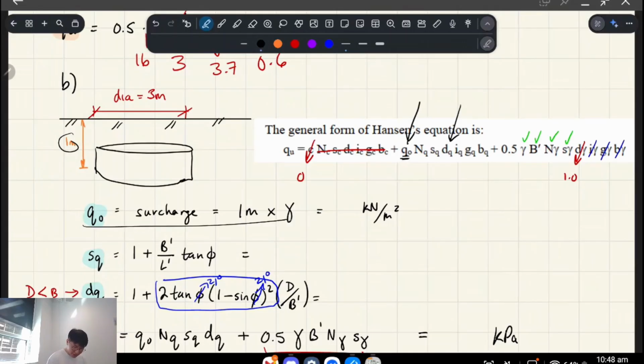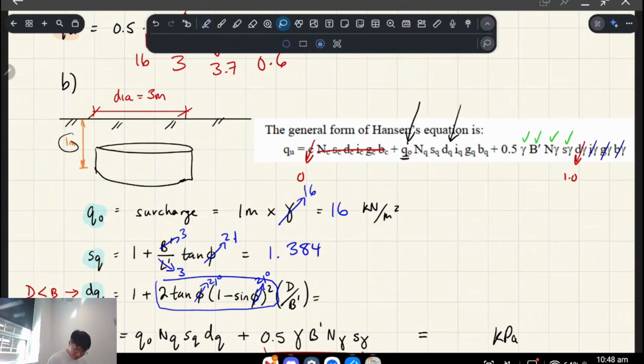Anyway, so surcharge. We know that unit weight was 16 kilonewtons per cubic meter, giving 16 kPa, and we have an SQ factor of 1.384.